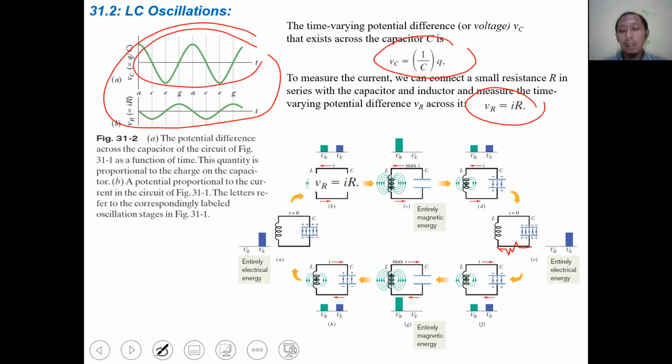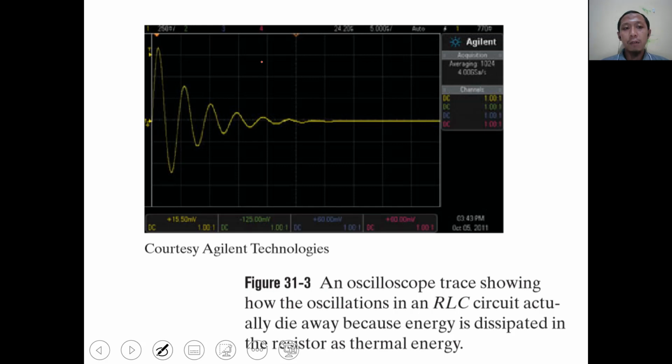But if we connect a small resistor in the circuit, the voltage or the current will decay, because the energy is dissipated in the resistor as thermal energy. So the resistor converts the energy from the capacitor and inductor to thermal energy, so it will decay like this one.